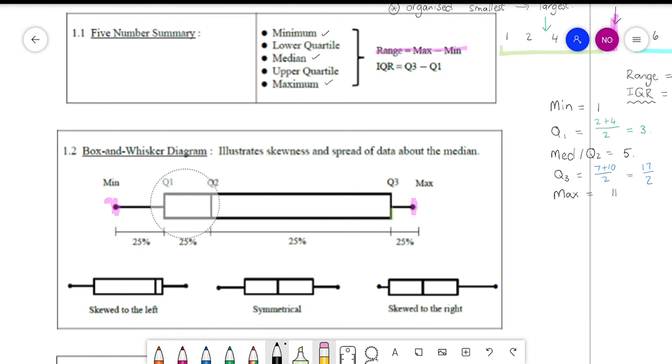Very important for when you are drawing a box and whisker diagram. These days they actually normally give you a number line, but if they don't, remember it has to be a number line and it has to be to scale.